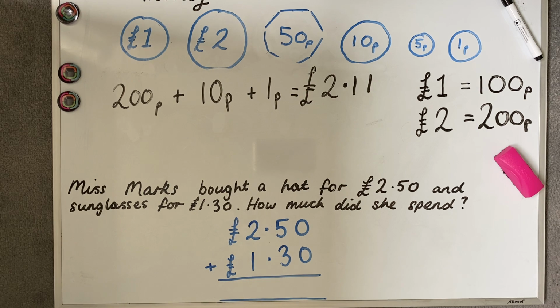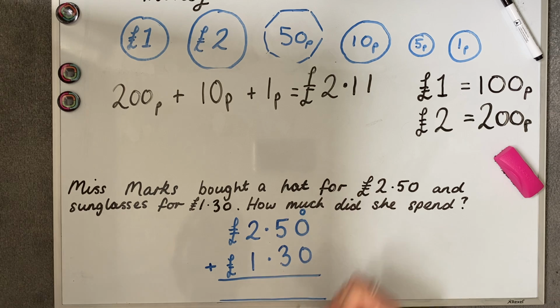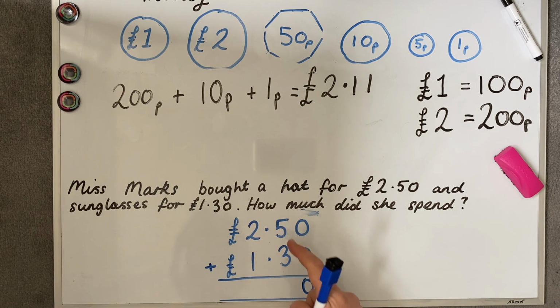Where do we start then? When we're doing column addition, do you remember which side we start on? We start from our smallest numbers, so our ones numbers. 0 plus 0, what does that give us? Gives us 0. What about 5 plus 3? That's right, it gives us 8.